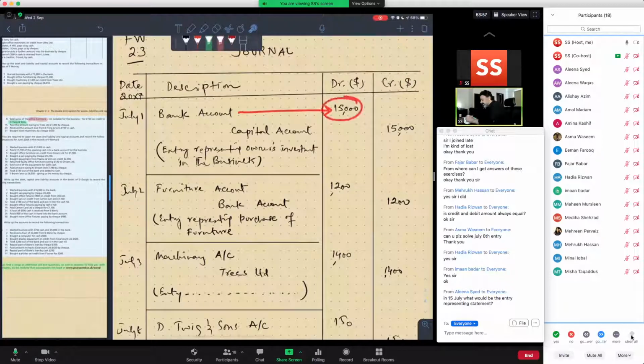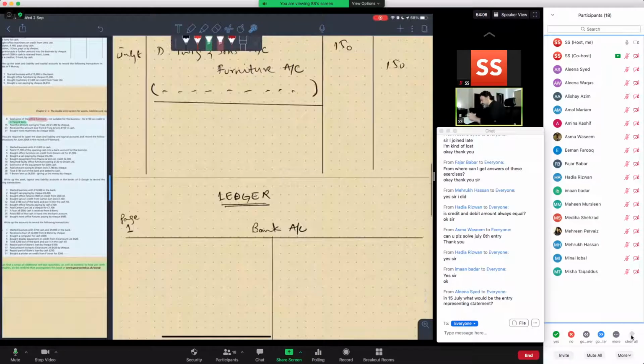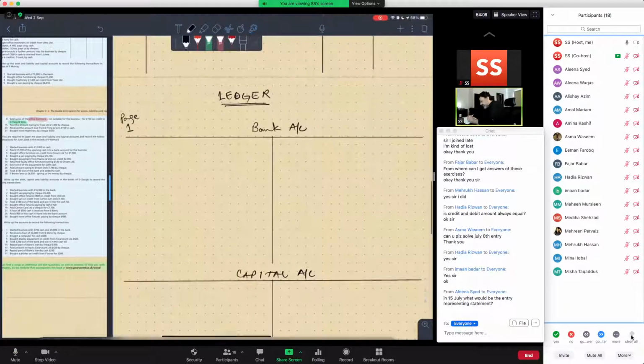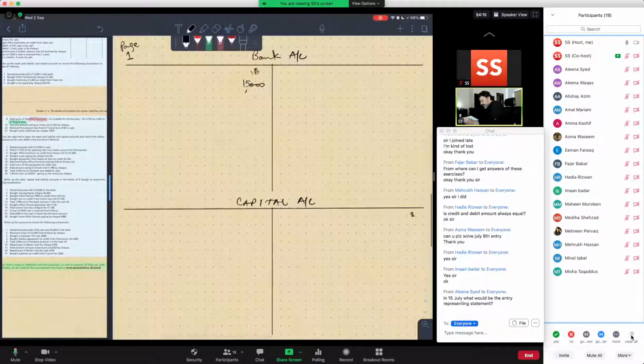That means a debit side entry on the bank account for $15,000 and a credit side entry in the capital account for the same amount. We put $15,000 here on the debit side and $15,000 here on the credit side, right?